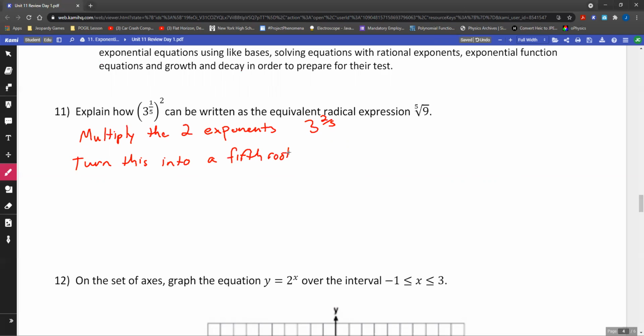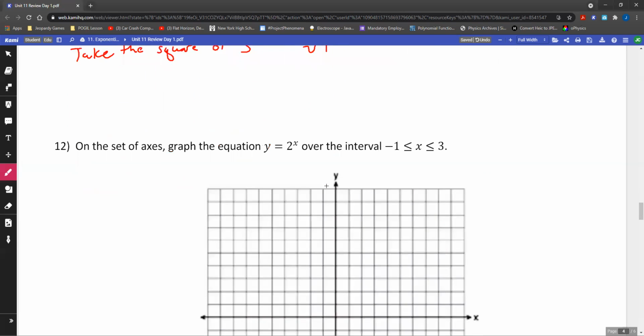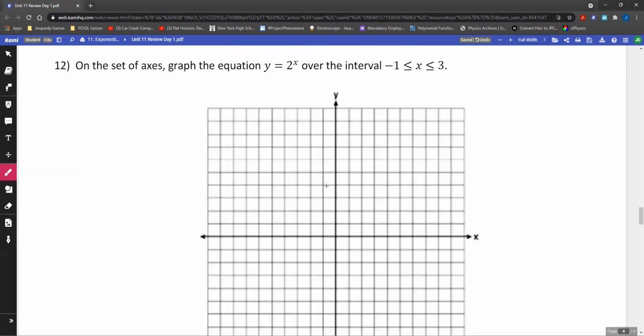I'm not writing everything I probably would have written, but I would normally also write turn into a 5th root with the square underneath the radical, so it should look like this. Take the square of 3 and you get the 5th root of 9. So again, what you're doing is doing it yourself, but then writing out in words what exactly you're doing.